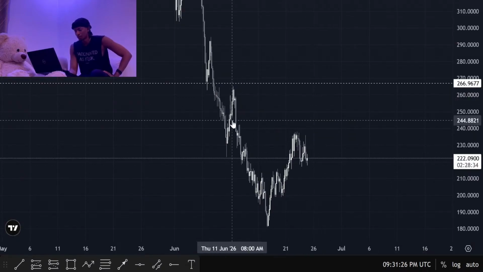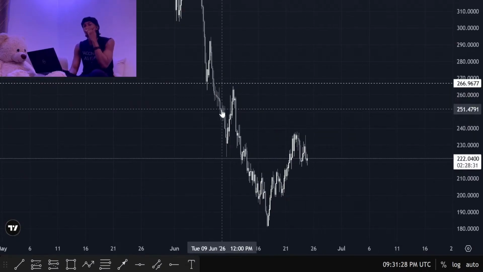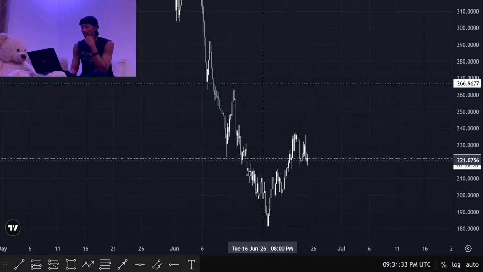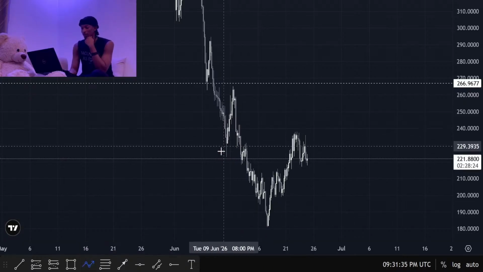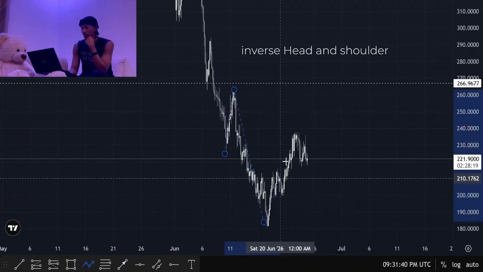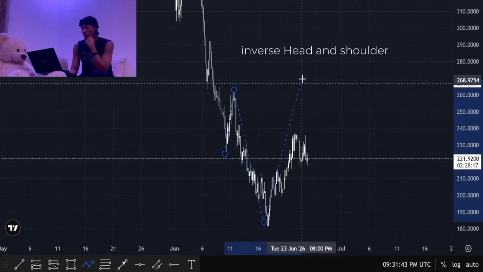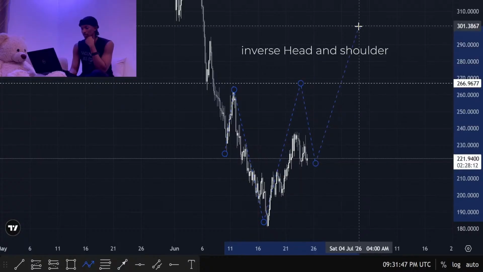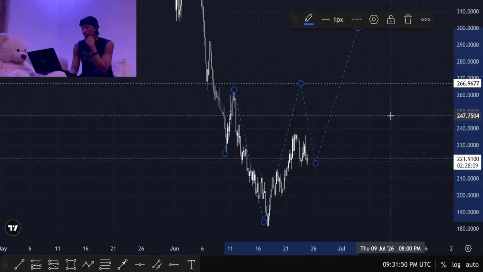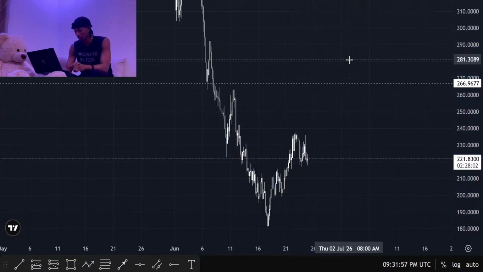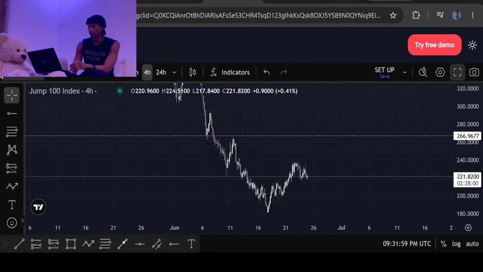But if you read a lot of chart patterns, what looks like it is happening now is a head and shoulder pattern. I don't trade head and shoulder patterns, and I don't force trades on head and shoulder patterns. So it's going to need to come here and be like this. I believe this is a head and shoulder. Ignore what I'm saying, but I think this is a head and shoulder pattern. I don't use this for anything.